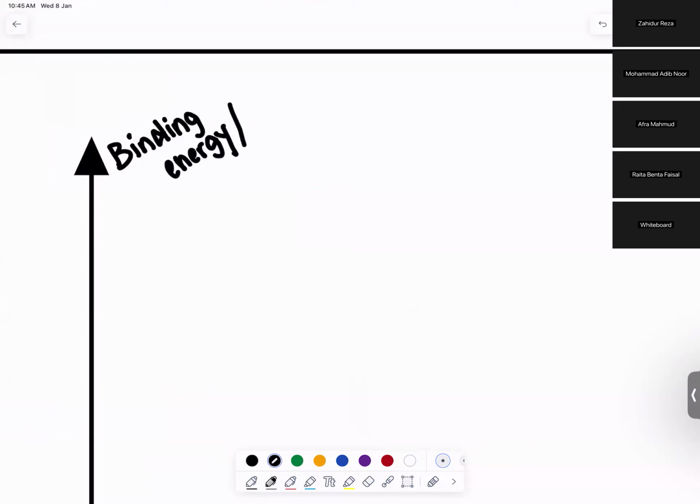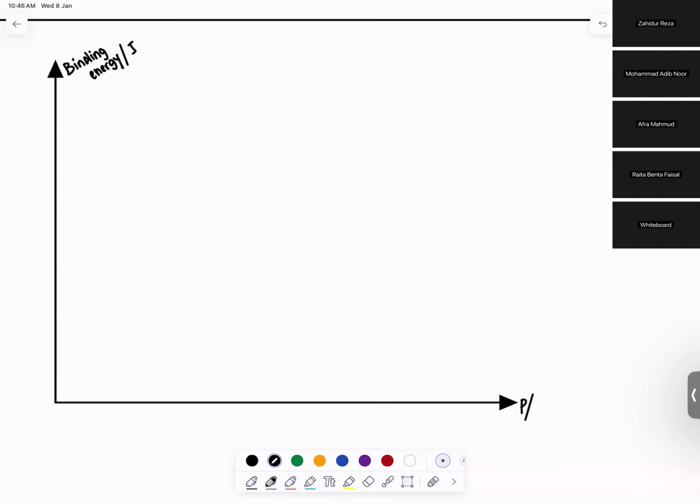We write binding energy in MeV, mega electron volts, but since we haven't seen that yet, we'll write it in joules, okay? So we work out the binding energy, and we found that hydrogen doesn't have binding energy. Hydrogen has no binding energy. Why? Can you tell me? Why is it that hydrogen does not have binding energy in its nucleus?